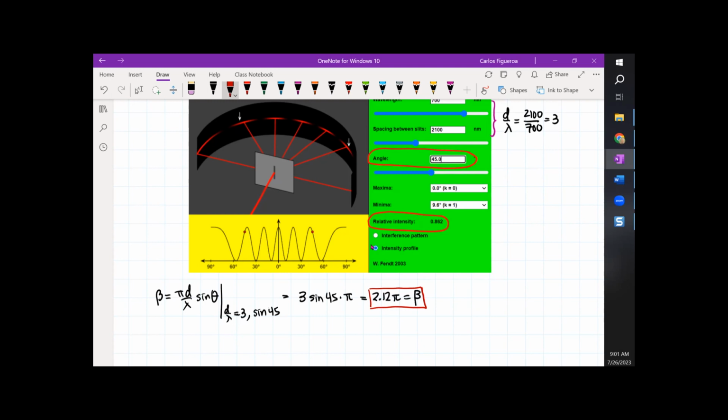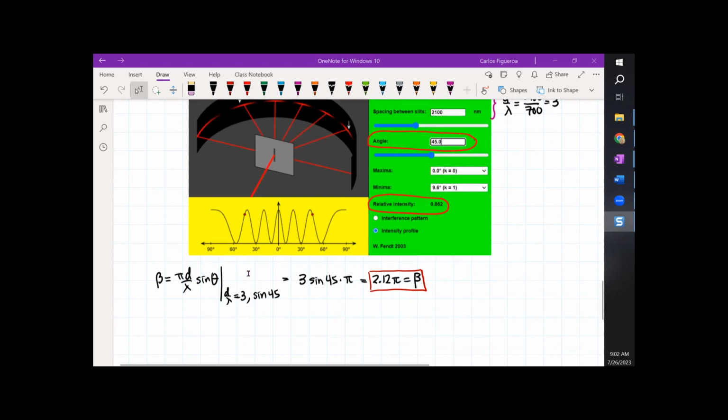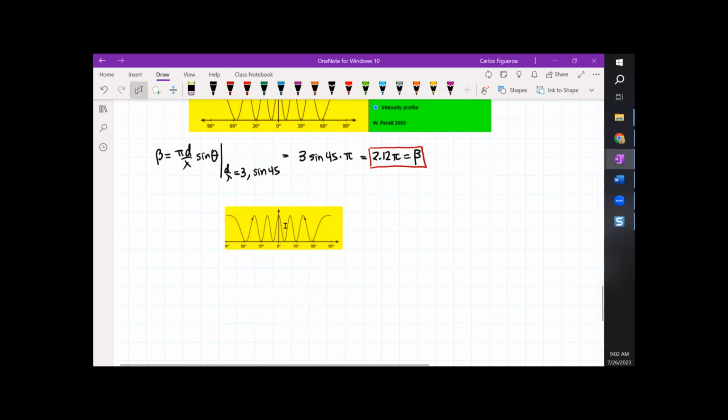So now instead of me creating that image, I'm just going to take their intensity profile and use that. So let me grab this. Here's their intensity profile.